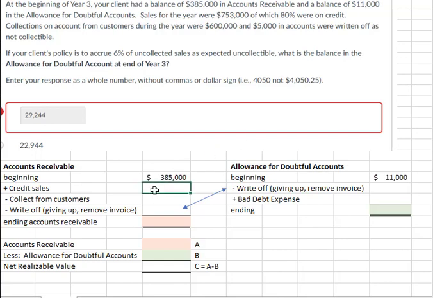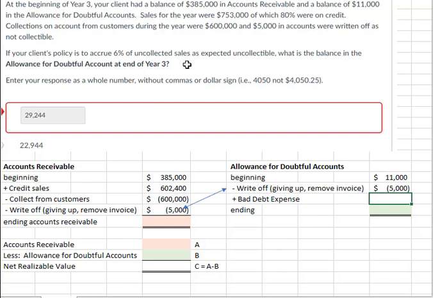So there's our beginning balances, credit sales, which will make accounts receivable go up, as the 753 times the 0.8. Collections will make it go down. Write-offs make it go down, and they also make the allowance go down. All right, and the policy. Client's policy is to accrue 6% of accounts receivable.